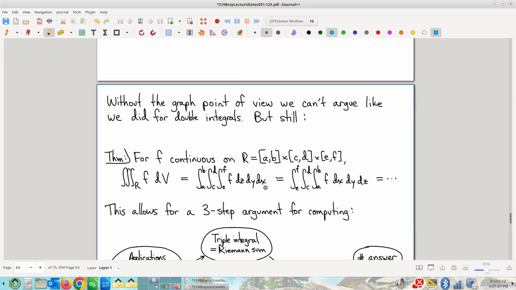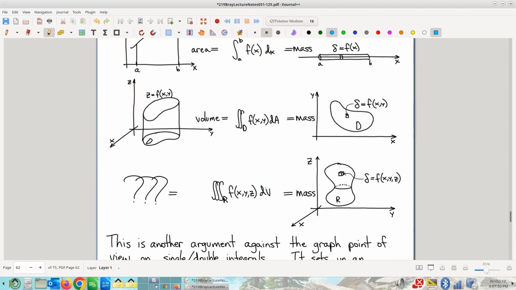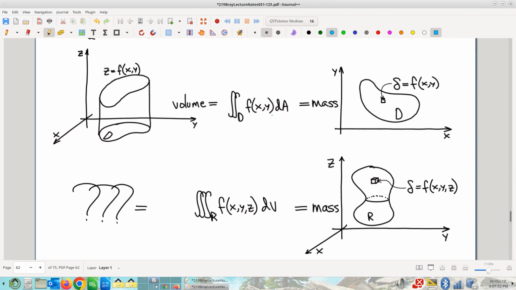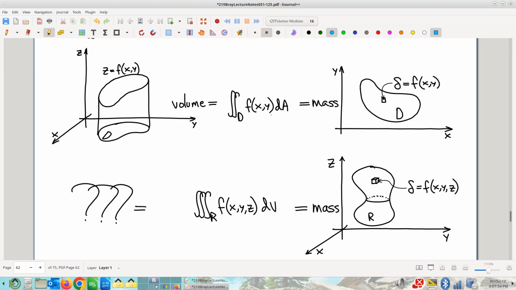So how to compute these things? Oh, got ahead of myself. How to compute these things. I made a case for y'all a while ago that double integrals can be computed with iterated integrals. And I gave you an intuitively satisfying argument that you just compute this volume two different ways and boom.